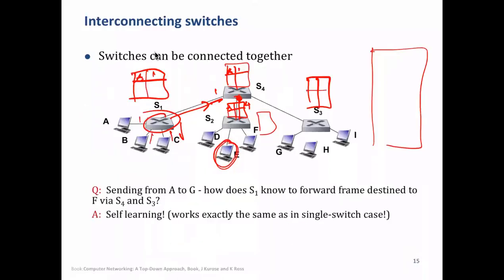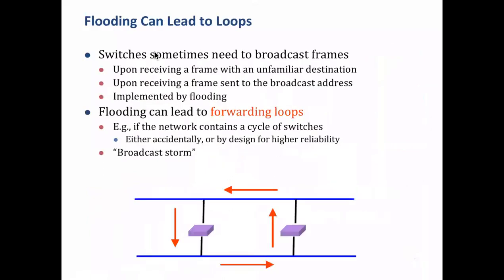Now, when we do flooding, it can cause problems. One problem is that flooding can create loops. If we don't have a tree structure, and there is a structure with a loop like this, with switch 1 and switch 2, then when we say broadcast, they will continue to broadcast.